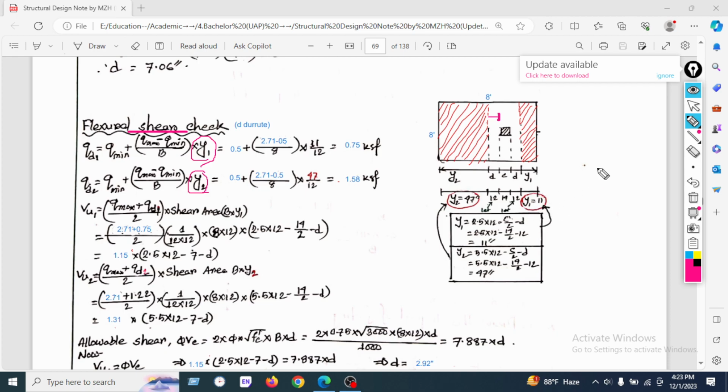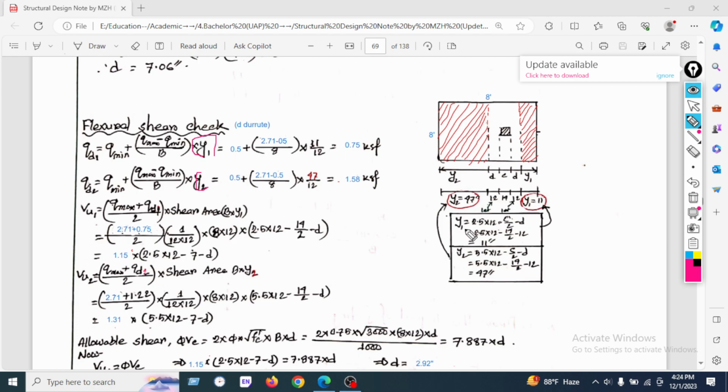Let's see what is y1 and what is y2. At first we don't know the value of d, that's why we have taken the minimum depth of footing as 12 for our new calculation of y1 and y2.